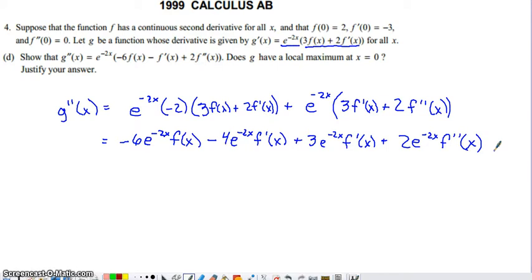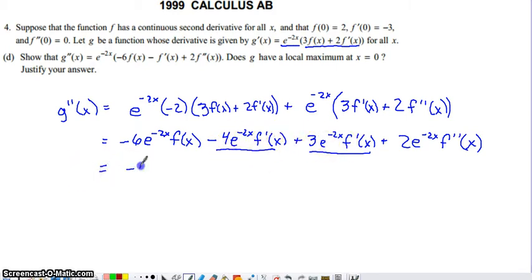Now if you look at this current line, we have 4 terms, and there really are 2 terms that are like terms. This term right here and this term right here are like terms because the prime on the f matches, right? They're both f primes, and then the exponentials match. So if I have minus 4 of these terms here, plus 3 of them there, I'm going to have minus 1 of them total.